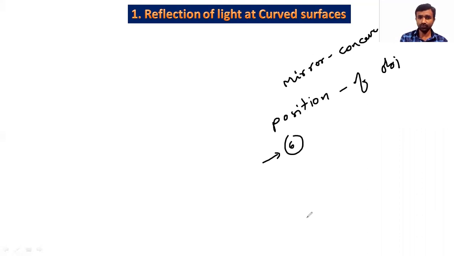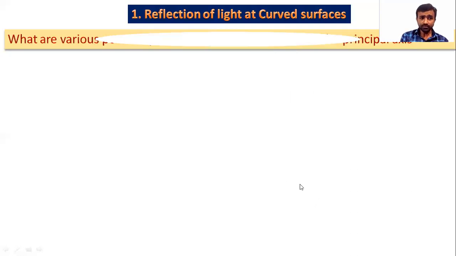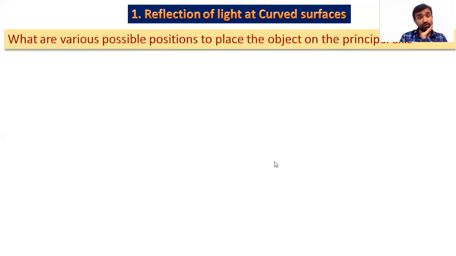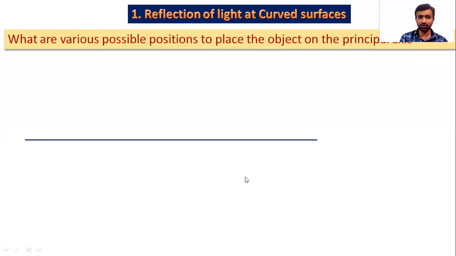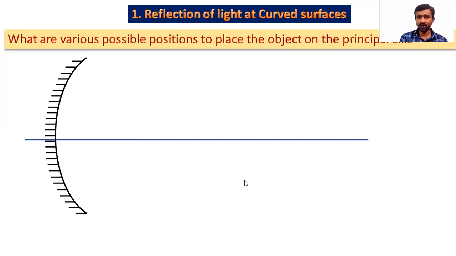So I will show you with the diagram. What are the various possible positions to place the object on the principal axis of a concave mirror? For that, I am using the concave mirror here on the screen. Just look here, how many places do you know in front of the mirror?